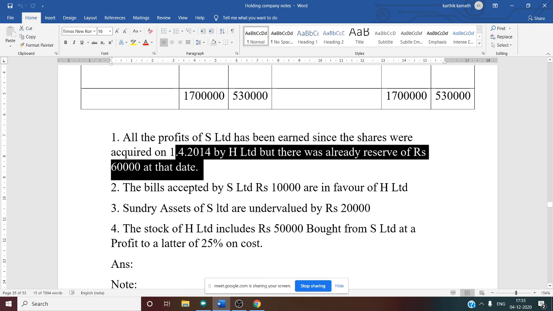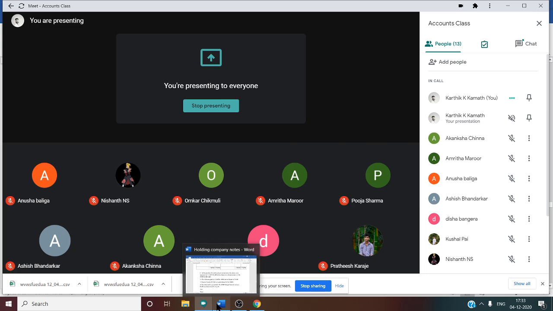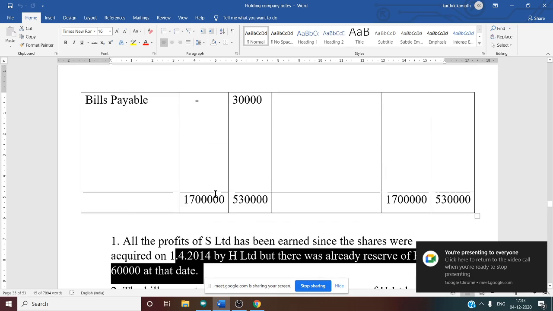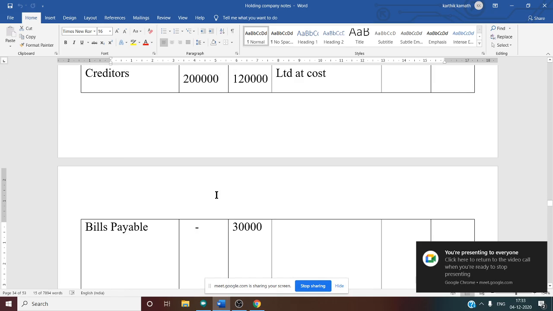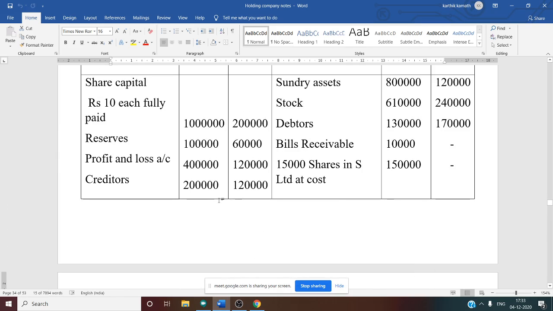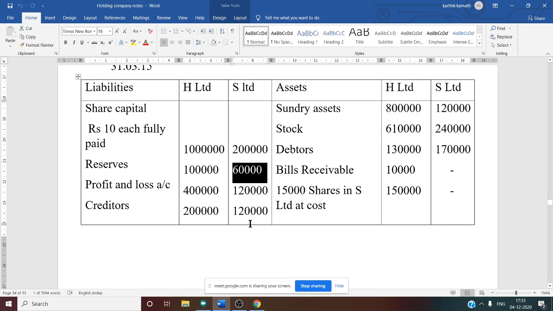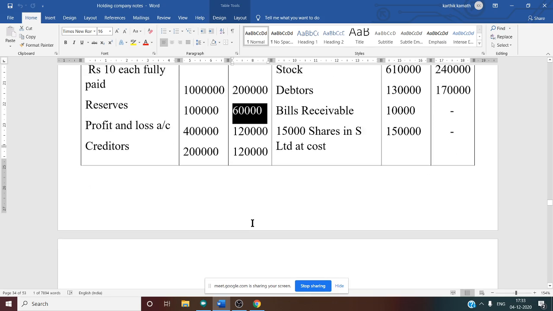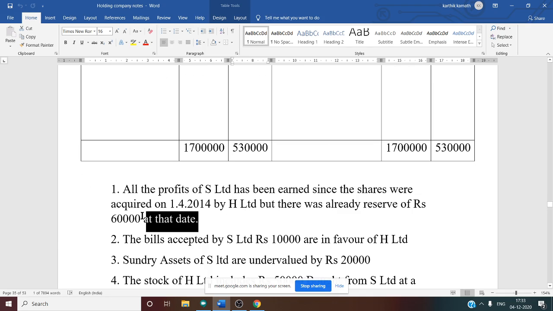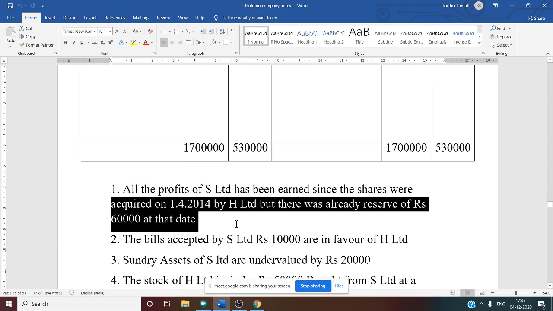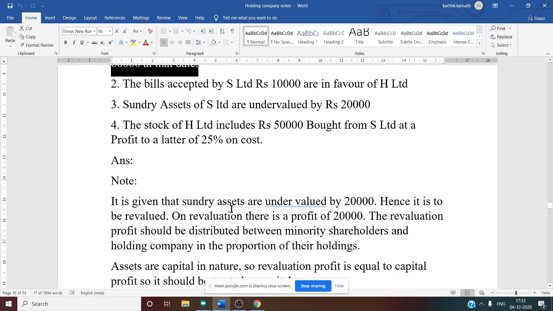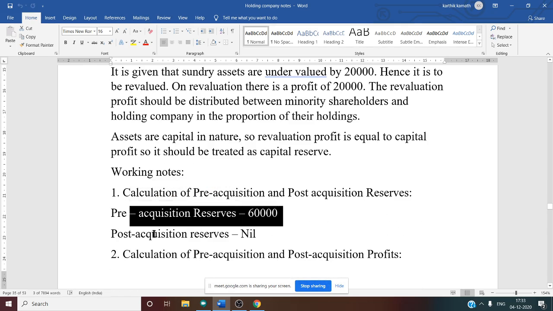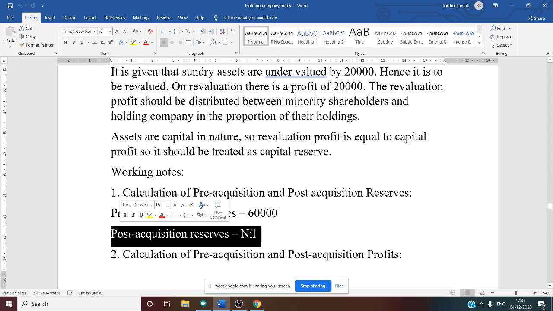So whenever it is at the beginning of the financial year, you need not calculate current year profit or current year loss, because it is not somewhere in the middle of the year. Now if you see, reserves of subsidiary given in the balance sheet is 60,000. Out of 60,000, the entire 60,000 was there on the date of acquisition, meaning the entire thing becomes pre-acquisition reserve. So there is no post-acquisition reserve. Why? Because 60,000 minus 60,000 is nil.